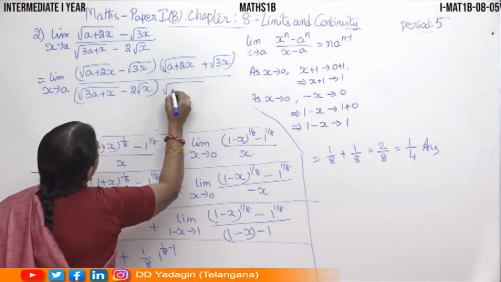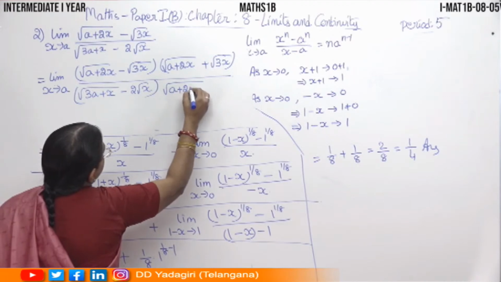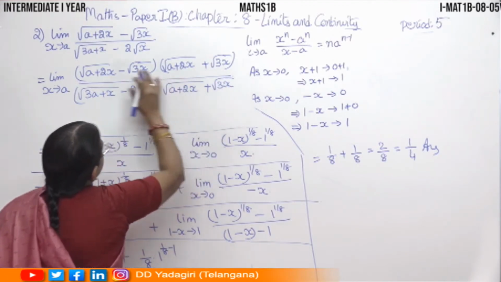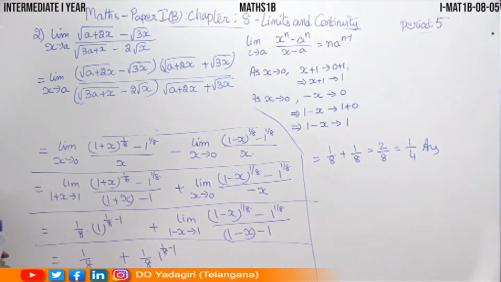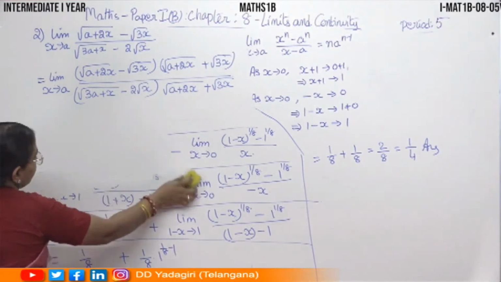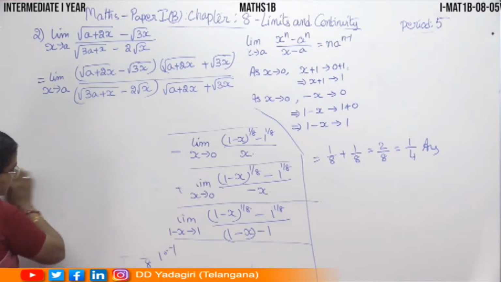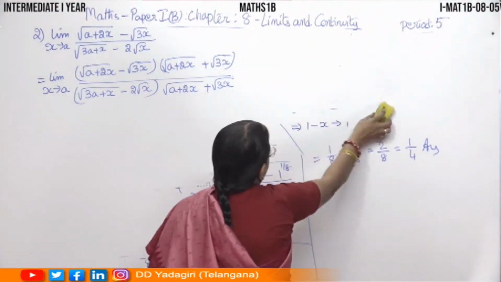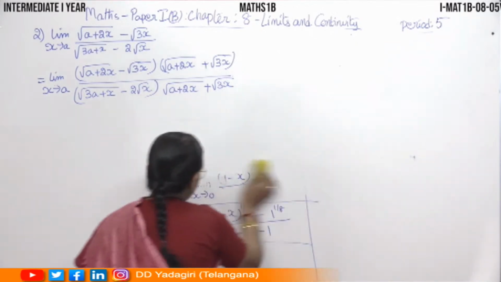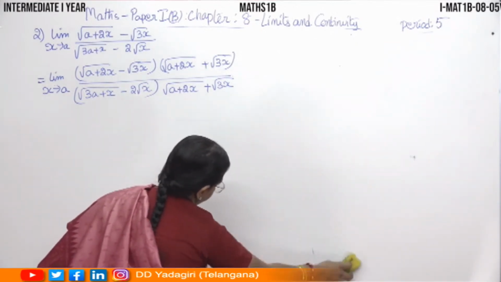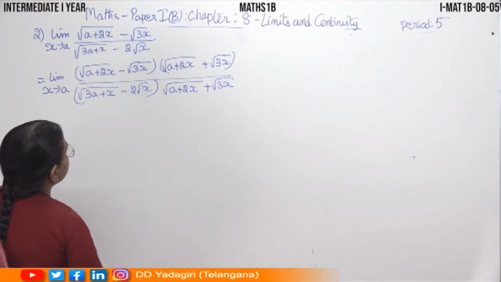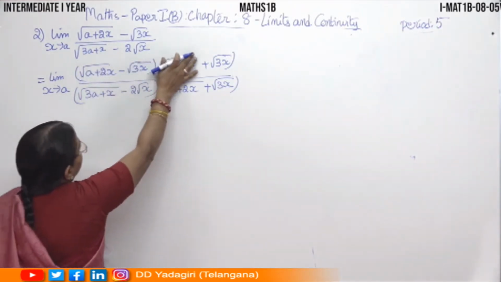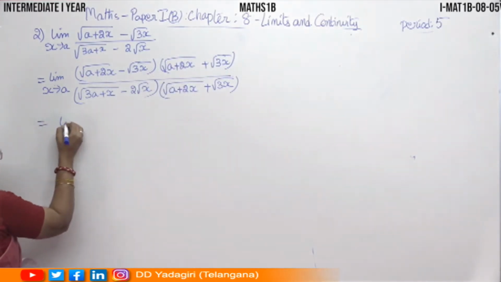So we are first rationalizing the numerator. Then it is in the form a plus b into a minus b, so a square minus b square. When you square it, the square root will go. So it is a minus b into a plus b, a square minus b square.